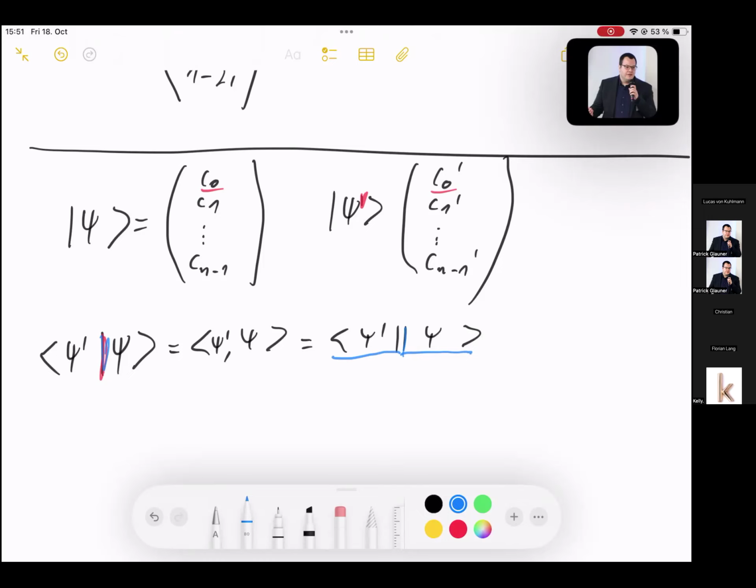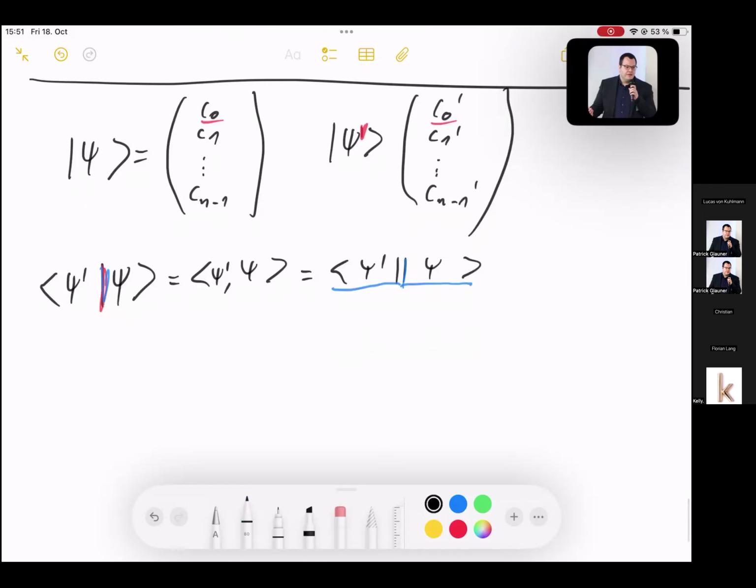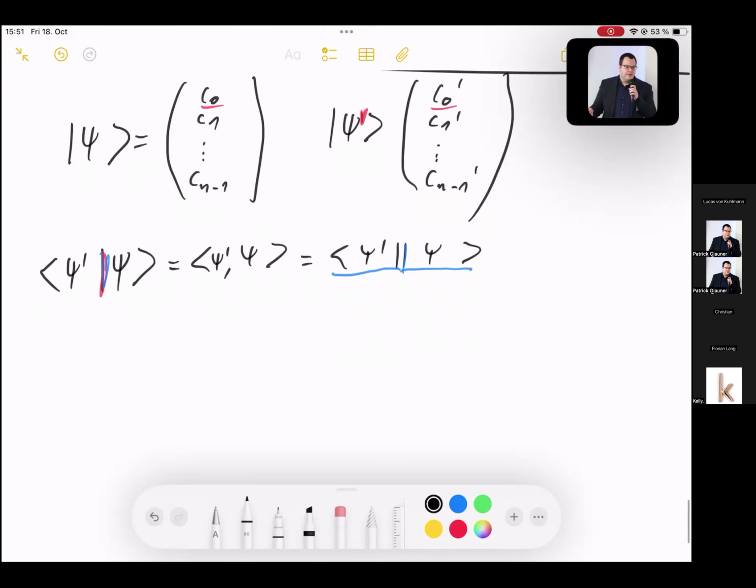What it leads to, from our measurement notation, is this: we have our psi, and we want to know the probability of measuring our psi prime.